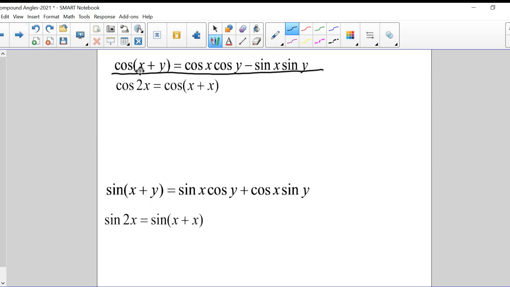That's exactly what this page said. But now I'm going to see if I can use that to come up with what's called a double angle formula. I'll write that on the side, double angle formula. Double angle identity.